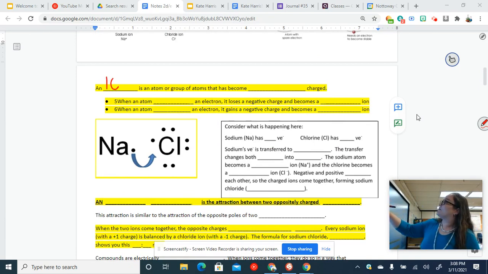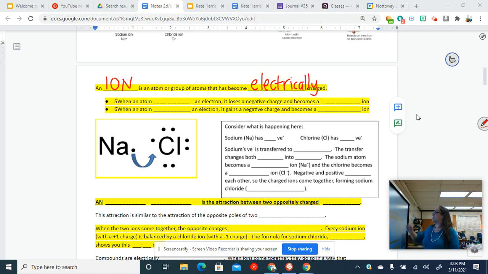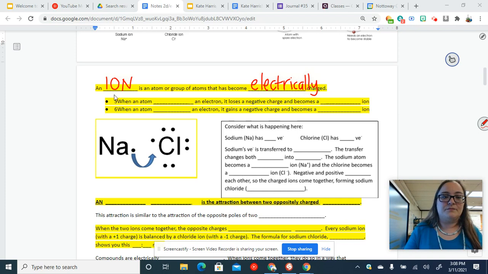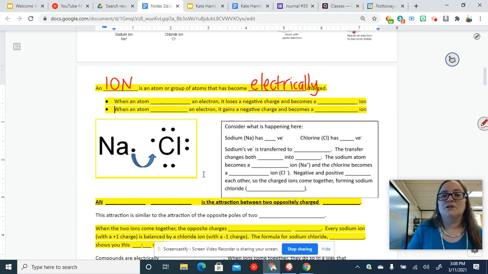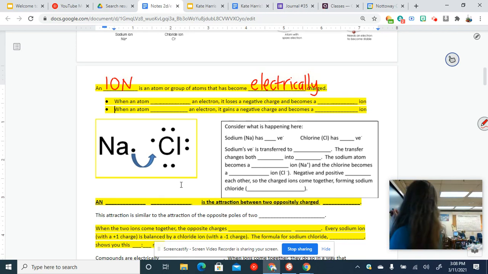So vocabulary word, obviously, since it's highlighted, this is something you've got to know. An ion is an atom or group of atoms that has become electrically charged. So when an atom loses an electron, it loses a negative charge, so it becomes positive.